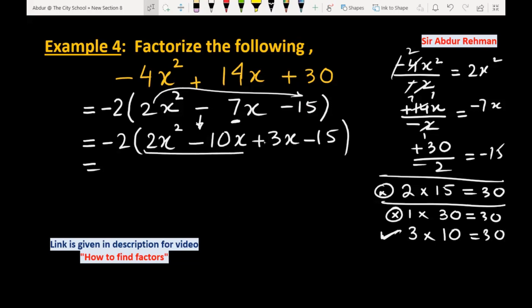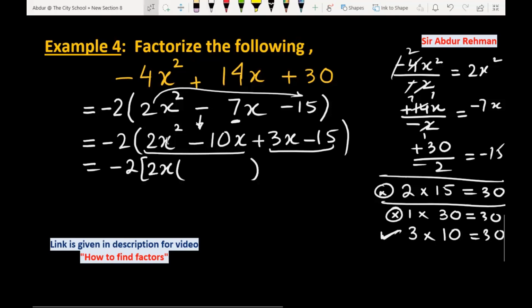By grouping, take common. It is 2x squared and 10x. 2 is divisible by 2 and 10 is divisible by 2, and x squared and x. So 2x is common. The question is, what are the values for this bracket?